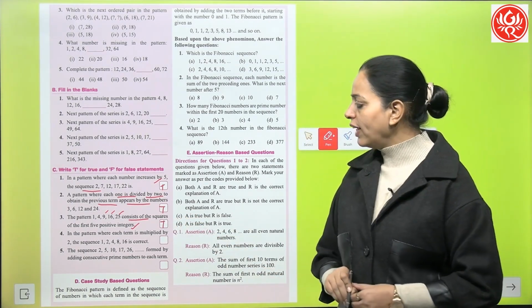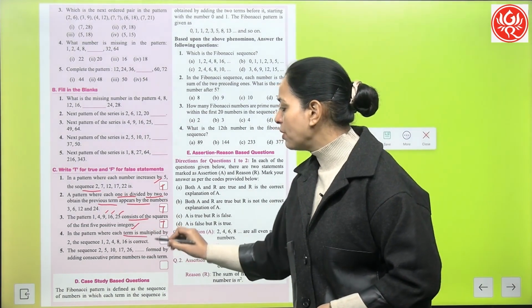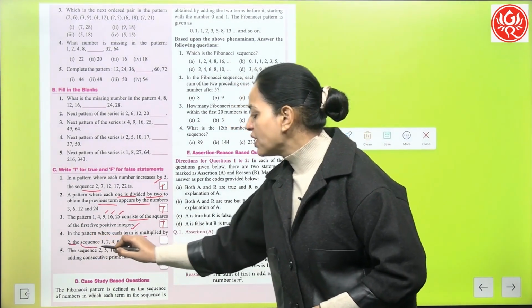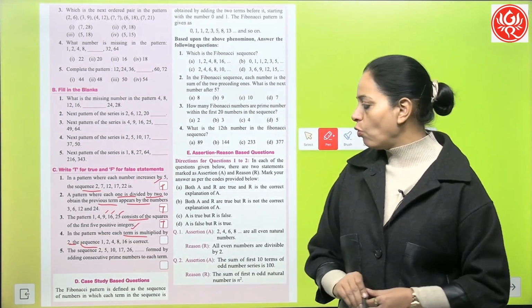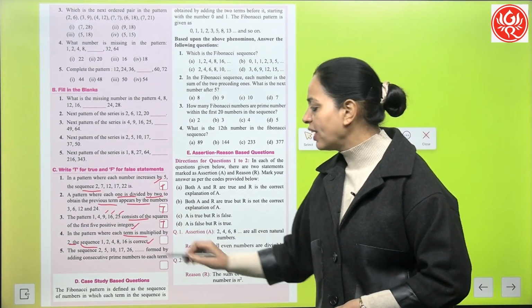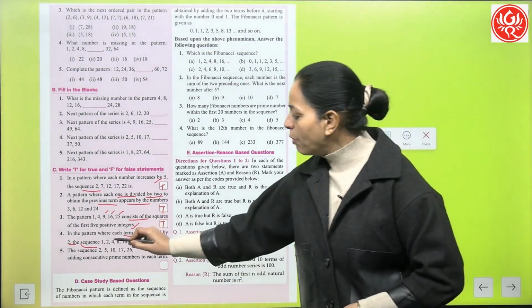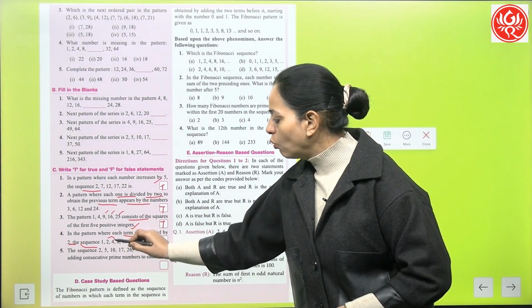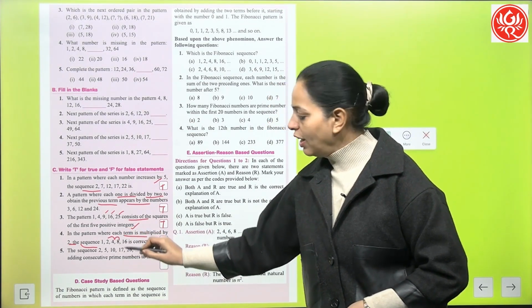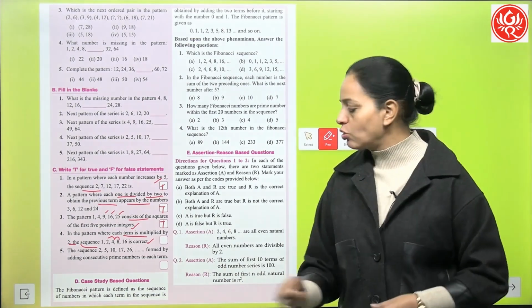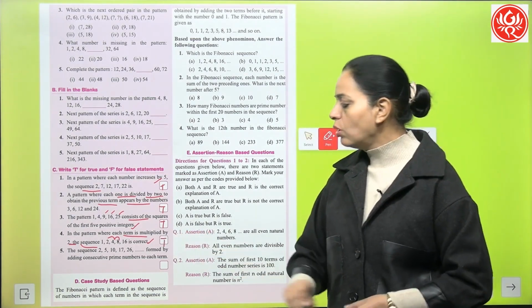Now the fourth one, in this pattern where each term is multiplied by 2, the sequence 1, 2, 4, 8, 16 is correct? Yes, because each number 1 into 2, 2, 2 into 2, 4, 4 into 2, 8, 8 into 2, that is 16. So yes, this is also true.